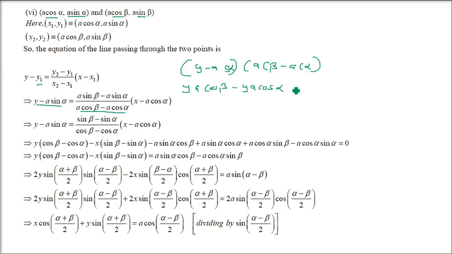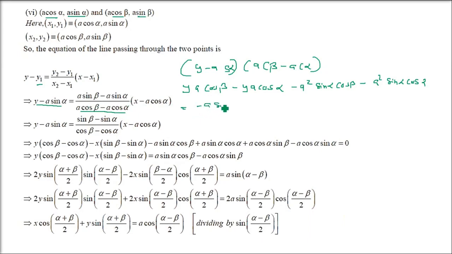You can just multiply y with cos beta minus cos alpha. This also you can do, or you can multiply inside. Otherwise, you are going to rearrange it. So I'm just showing you how to multiply it, but I'm not actually going with this kind of solution. I'm not going to multiply it. You don't need to multiply it.